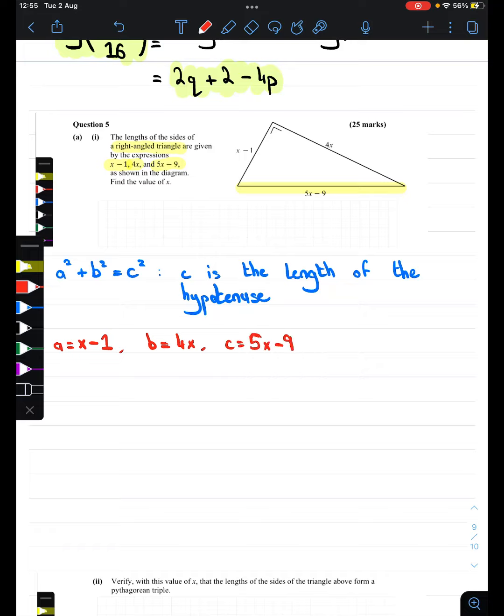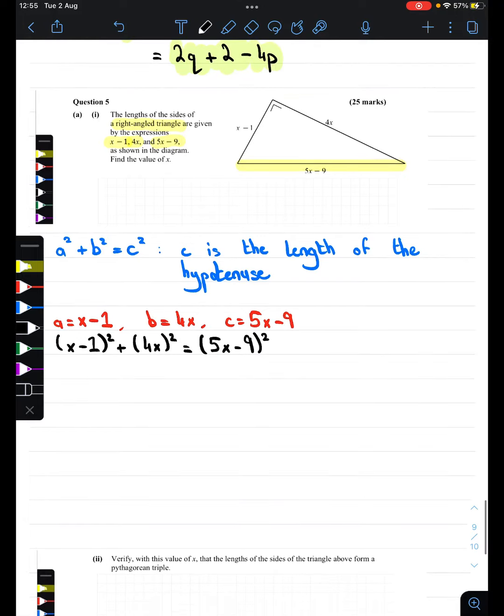Now we can sub these into our Pythagoras' theorem equation, and we'll get an equation in x. So we get x minus 1 squared plus 4x squared equals 5x minus 9 squared.